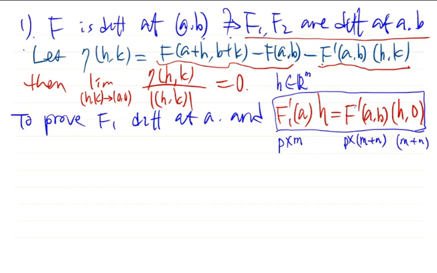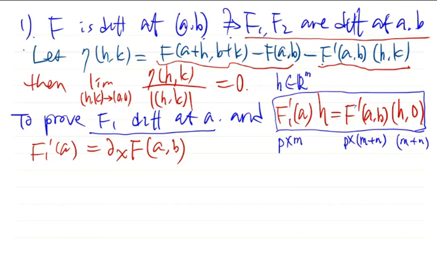Of course, by definition, once f1 is differentiable at a, this derivative of f1 at a is the partial derivative of our F with respect to x at the point (a, b). Now to prove this statement, we consider the limit of f1(a plus h) minus f1(a).